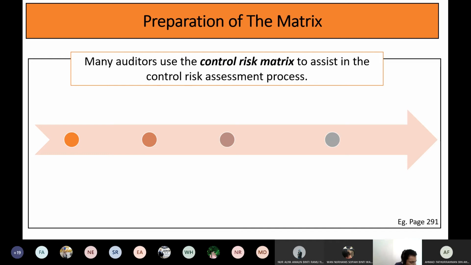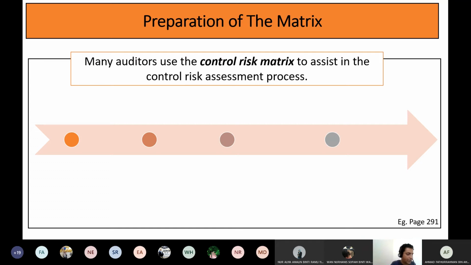Another one is C9: statements are mailed to customers each month. So to ensure accuracy, they send the statement of credit to the customers monthly. So those three controls serve this objective of accuracy.